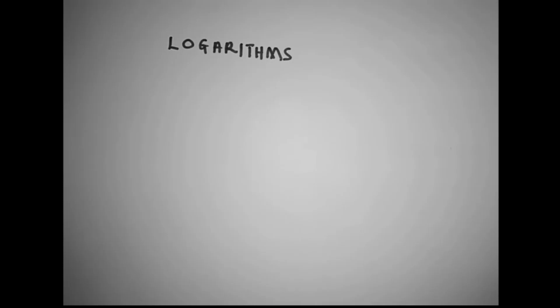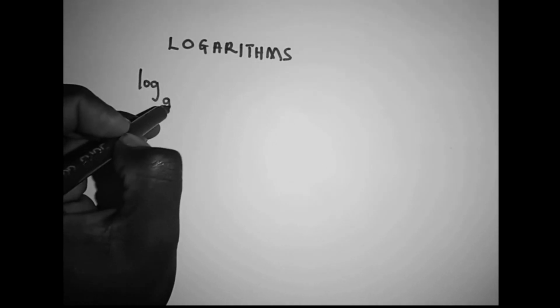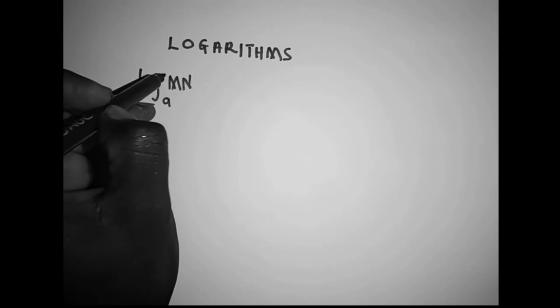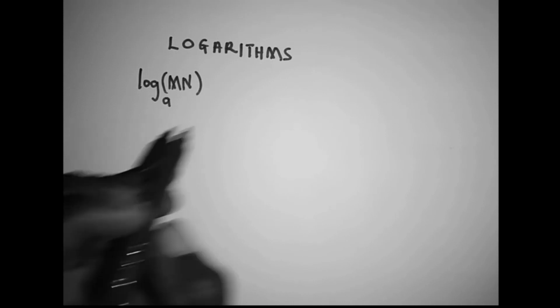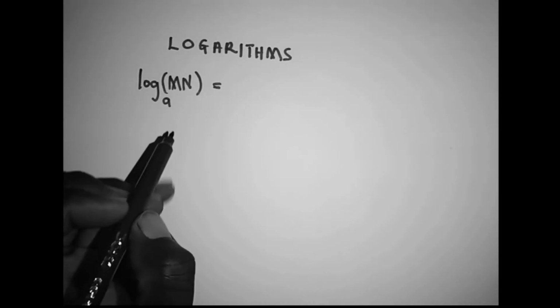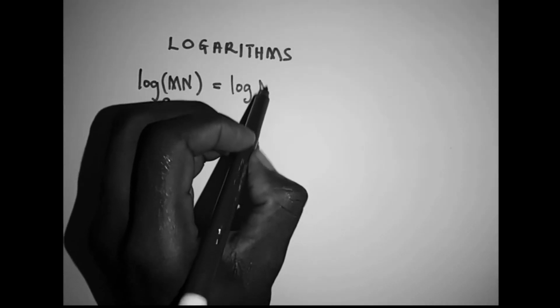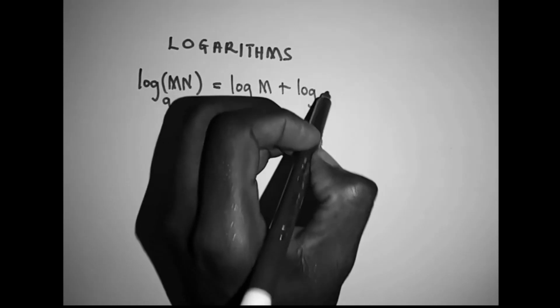In this video, we are going to talk about logarithms. So if we have log base a of mn, how will we write the expansion for this? The rule says that this is equal to log base a of m plus log base a of n.